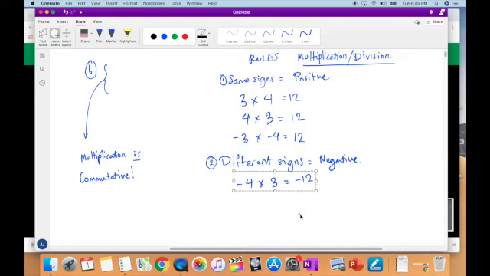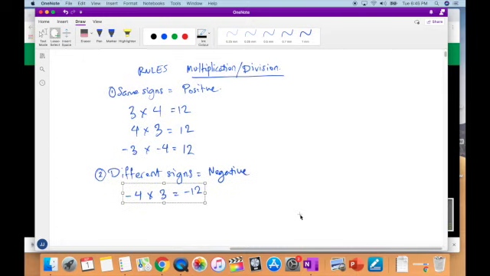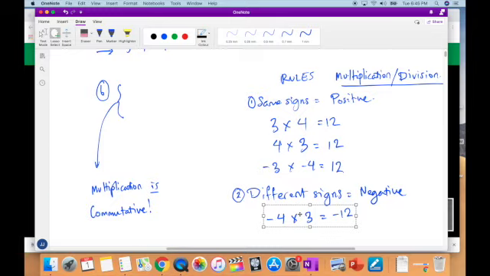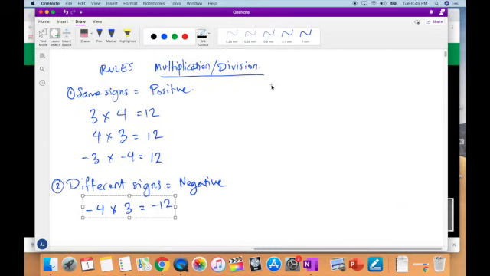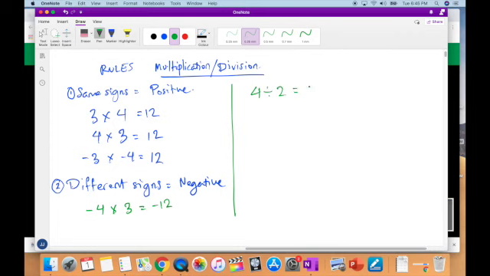Nice. So we can continue with this idea. What is 4 divided by 2? 4 divided by 2 could also be written like this. What you had to understand is what 4 is. 4 is 2 multiplied by 2 and divided by 2.